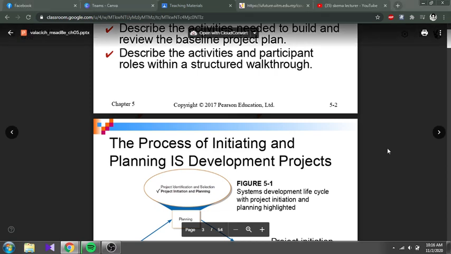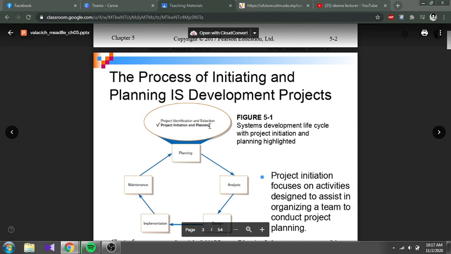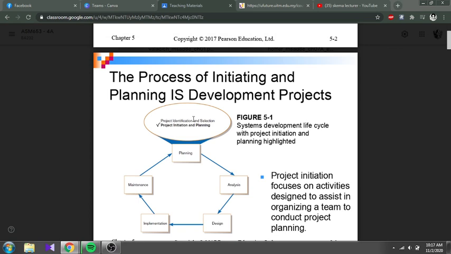During the first phase of the SDLC, the system development life cycle, there are two primary activities performed. The first one is project identification and selection, which focuses on activities during which the need for a new or enhanced system is recognized.